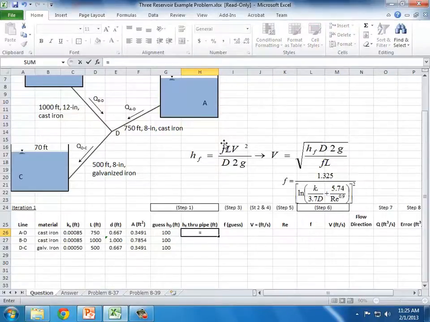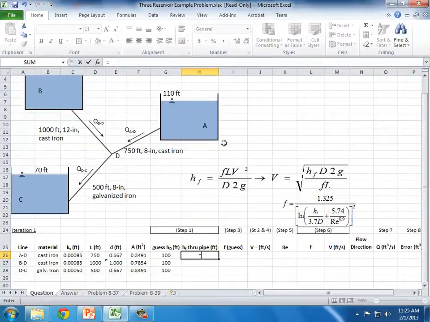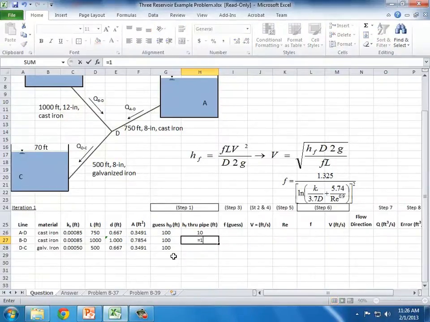And so in the case of pipe AD, it's 110. So it'd be 110 minus however much is here. That means 10 feet of head loss through there. If it's BD, that's at 120, so 120 minus the guess. And then DC, it is going to be 100 minus, well, not 100, okay, the reference to 100 minus 70.